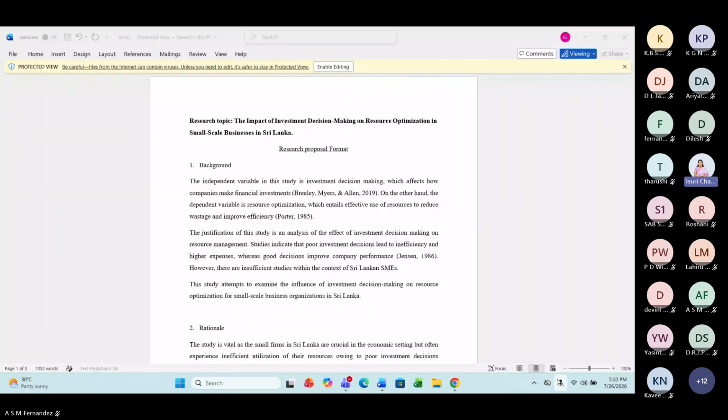Investment decision making means? What do you mean by investment decision making? When we invest in a small scale business in Sri Lanka, how to optimize the resources efficiently?